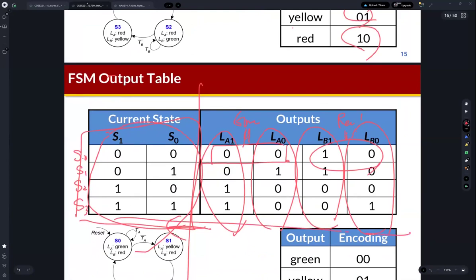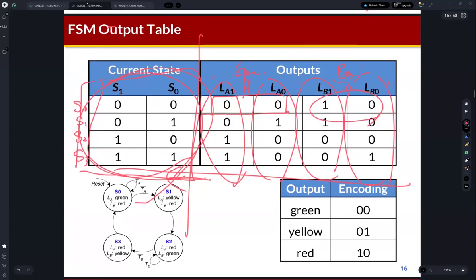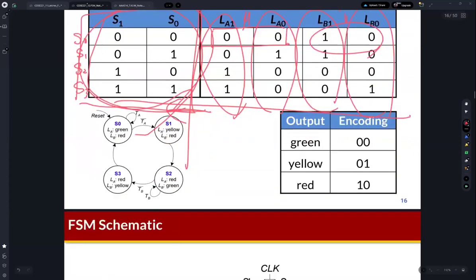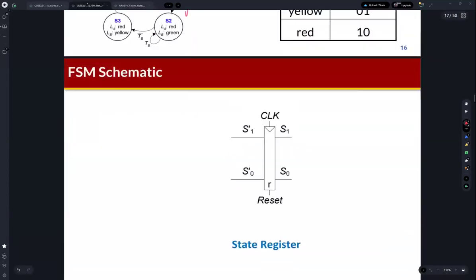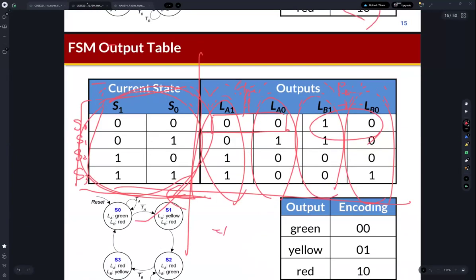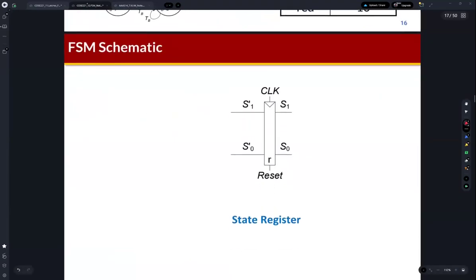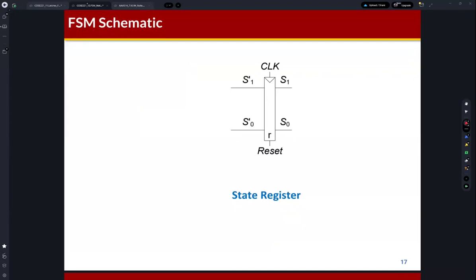And then we define the output table using the current state, and based on this table, we can make combinational logic for the output signals. All right. So we can make the combinational logic, the Boolean equation. Then let's see how to make a real circuit.